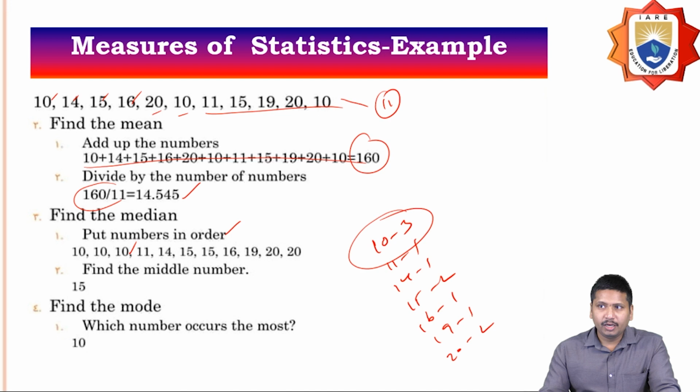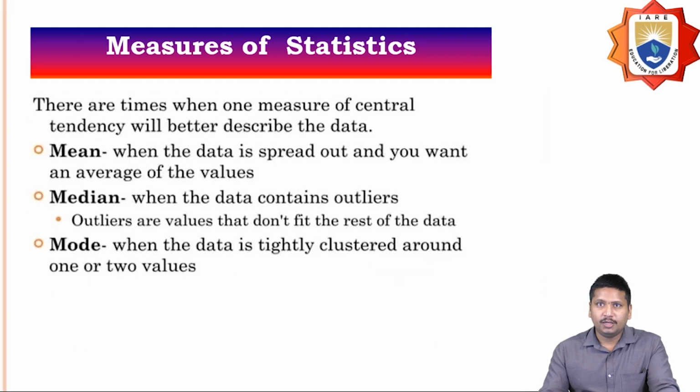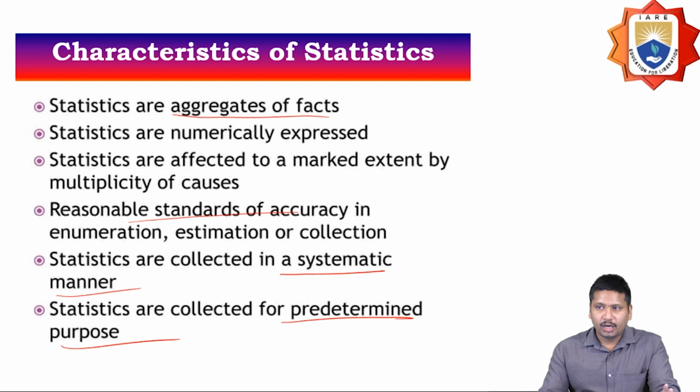For finding the median, we arrange all the numbers in ascending order, and the middle of that order is treated as the median. Finding the mode means finding the number that occurs the most times, and that is considered the mode here. And for measuring statistics, apart from the mean, median and mode, we also have variance and standard deviation.